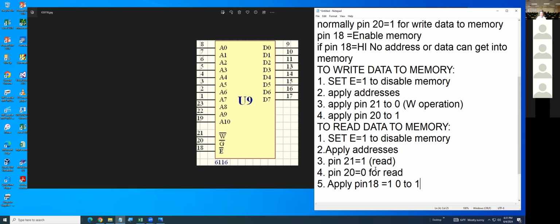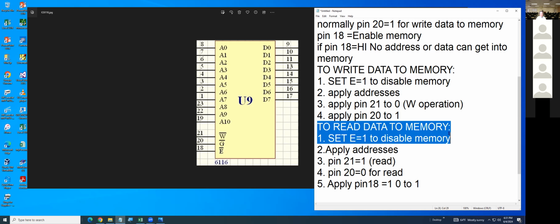So basically, you have to understand how to set the memory. You want to write data to the memory, you have to apply data, pin 21 logic 0, pin 20 logic 1.